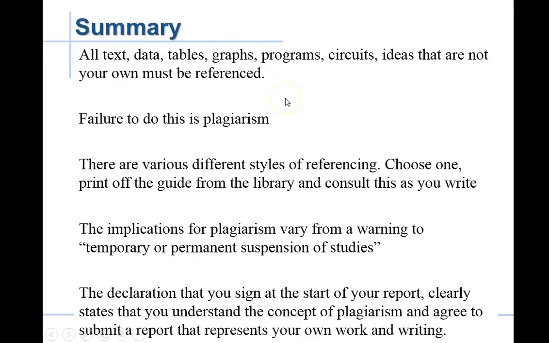If it's a small assessment item compared to a large assessment item, the penalty may vary from a warning for very minor cases to, as I mentioned, temporary or permanent suspension of studies. So there are implications for this. It's the same as copying in an exam, and you do need to be aware of that.